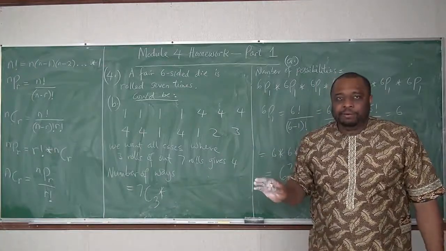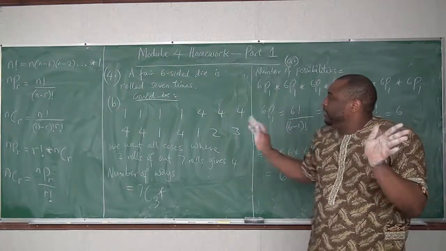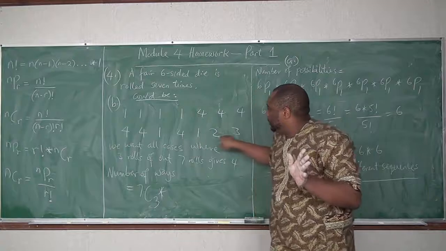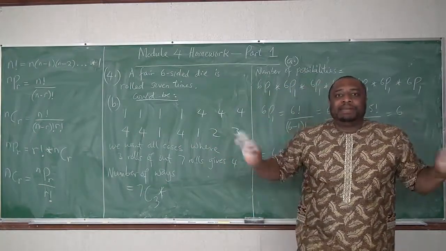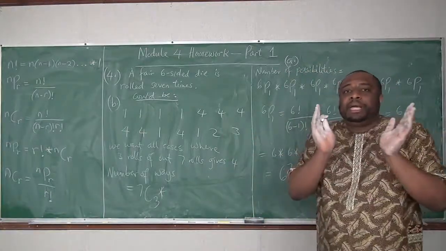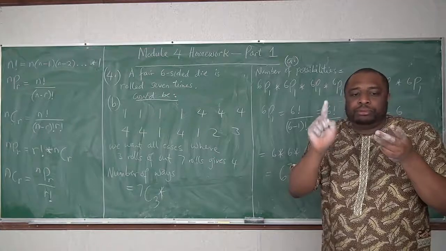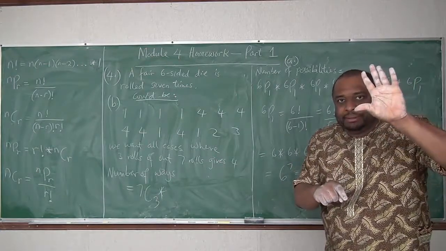So we have 1 through 6 except 4, so it could be 1, 2, 3, 5, 6.